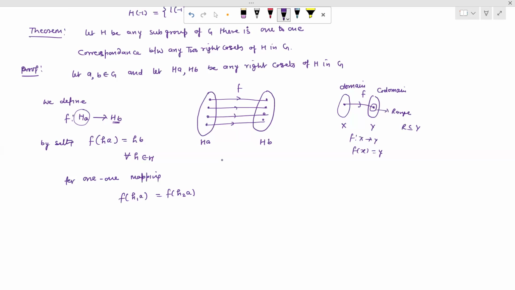So we take two elements, f(h1a) equal to f(h2a), where we have considered h1 and h2, and these two elements belong to H.